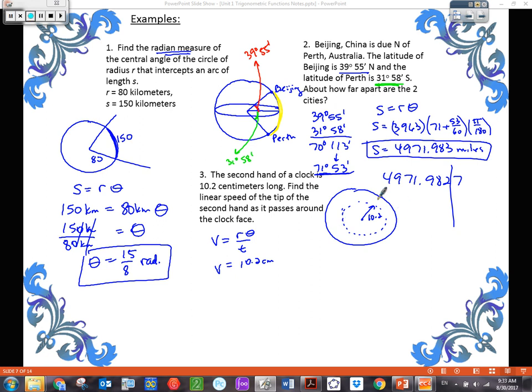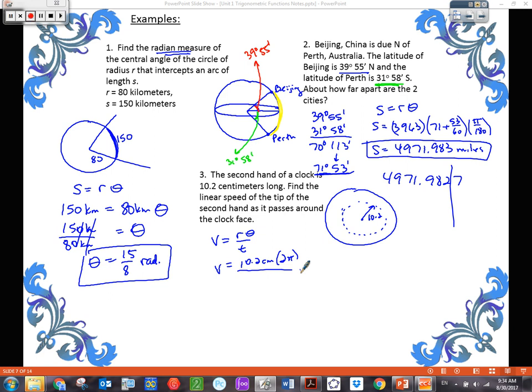So I'm going to make it go around one time, and one time around in radians would be 2 pi. So my angle measure is going to be 2 pi. So now that affects the time. Since I'm having the second hand go all the way around once, then I know how long that takes, right? Because this is a clock.